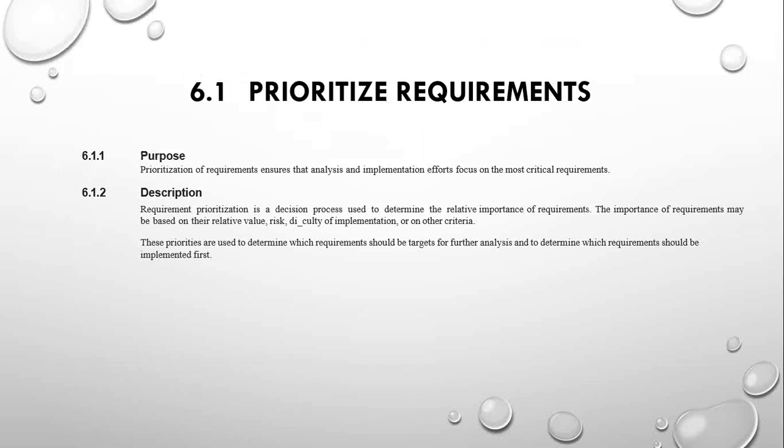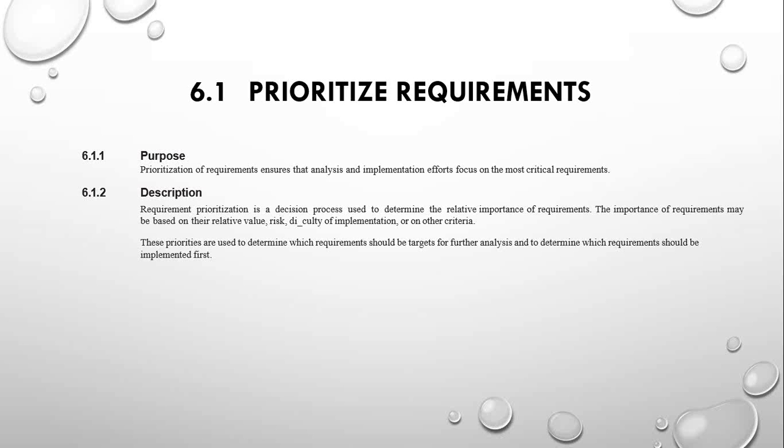Prioritize requirement. When we say prioritize requirement, first understand the purpose. Why do we have to prioritize the requirement? Prioritization of requirements ensures that analysis and implementation efforts focus on the most critical requirements. Because let's say you have 5 requirements.